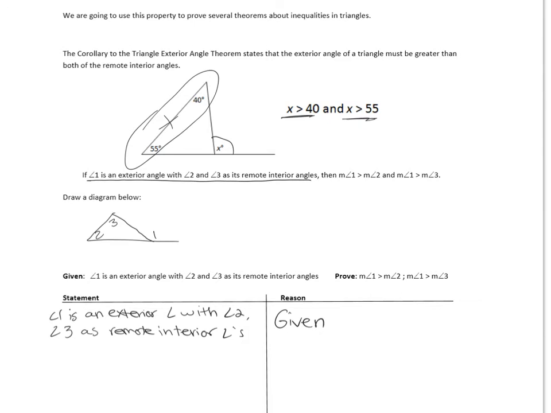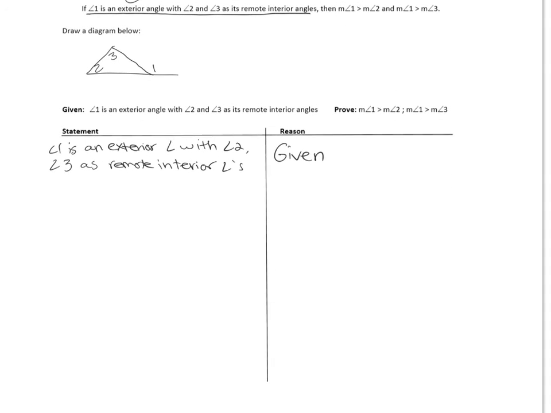Well, we have a wonderful theorem about this, the exterior angle theorem, that basically says that the measure of angle 1 must equal the measure of angle 2 plus the measure of angle 3, right? That's the exterior angle theorem.